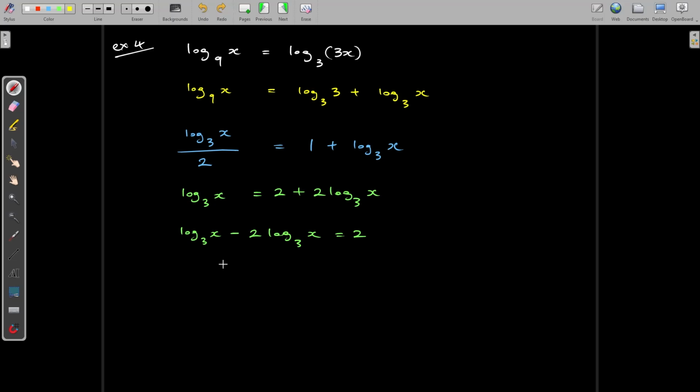So what that means is log base 3 of x minus log base 3 of x squared is equal to 2. And then we can combine this as log base 3 of x over x squared. So we're just using the laws here.